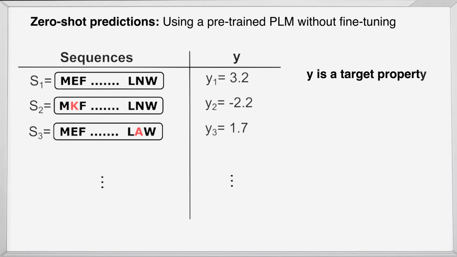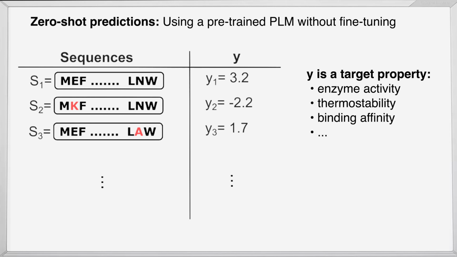For example, this property can be enzyme activity, thermostability, binding affinity, or another experimentally measured function. This is an important difference from zero-shot prediction. In the zero-shot setting, the model gives a general score related to how plausible or fit a mutation looks based on patterns learned from natural protein sequences. With fine-tuning, we adapt the model to predict one specific experimental property.